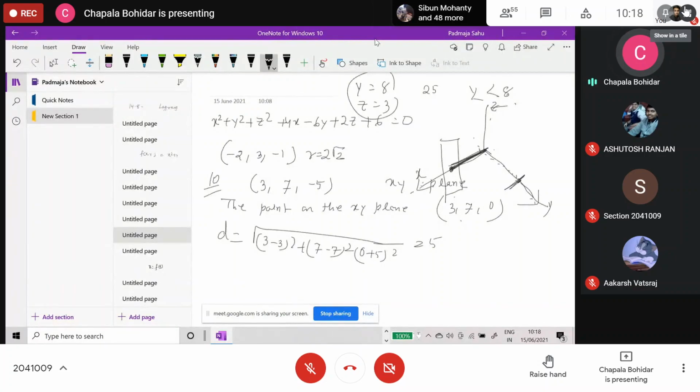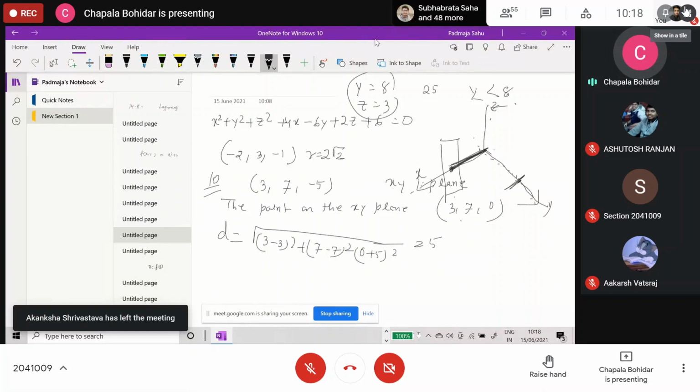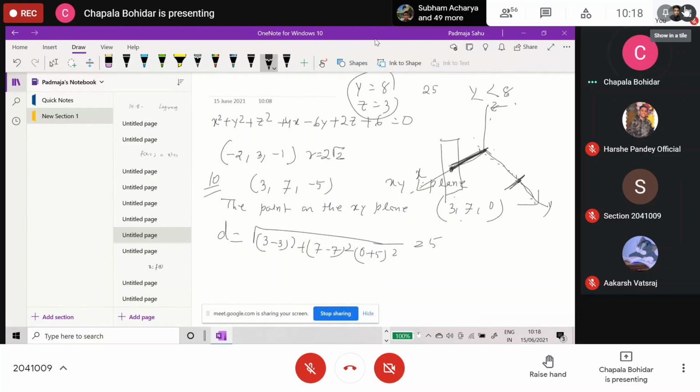Then after that, question 41. Find an equation of the set of all points.